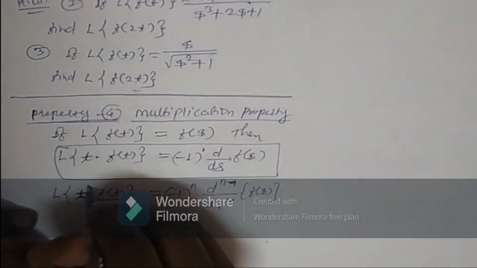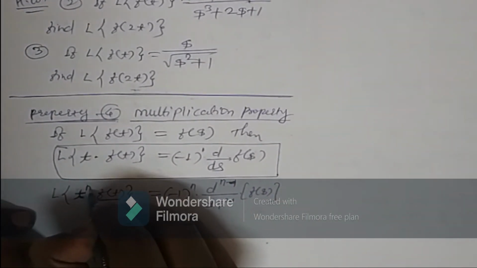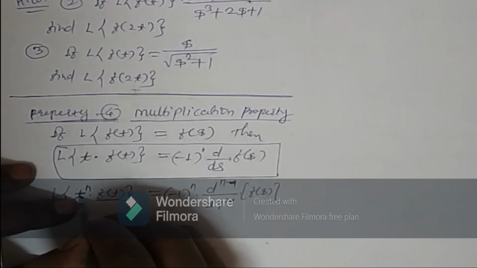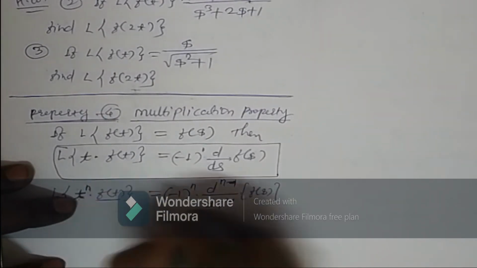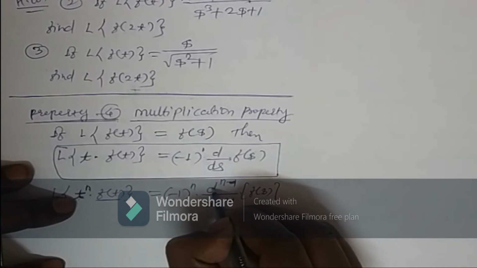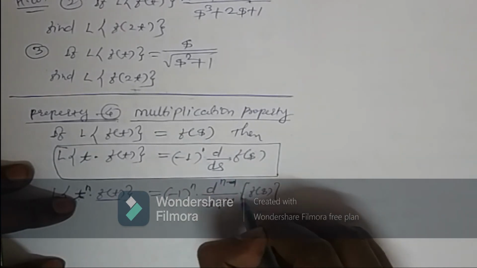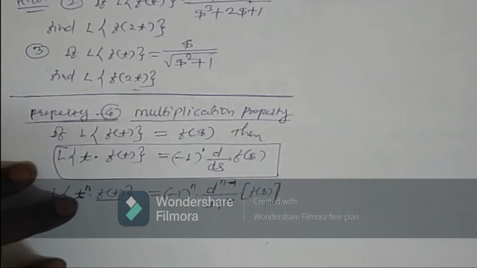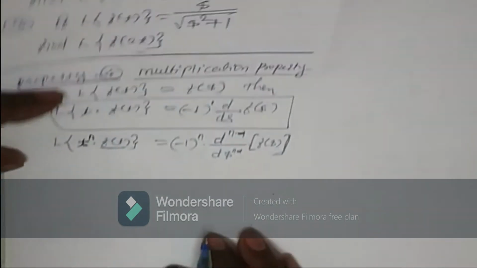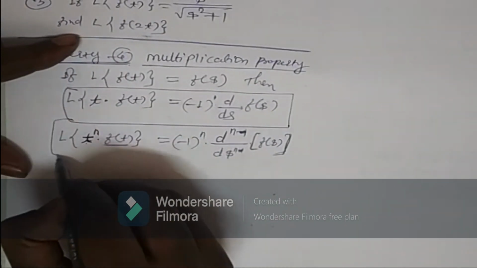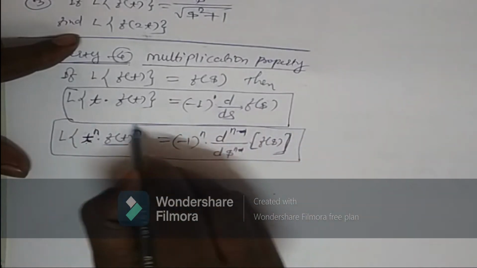That means if the power of t is n, we have to take the nth derivative of that particular F(s), whatever we have calculated or whatever is given. So this is the formula for the multiplication property.